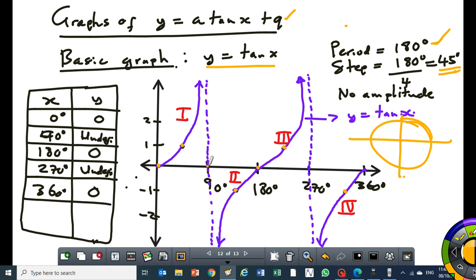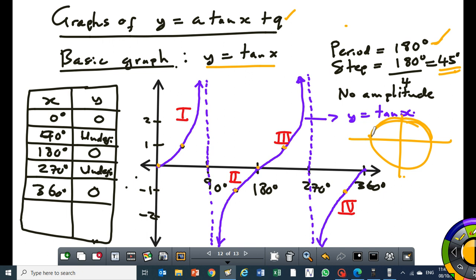From 0 to 90. You see that? Then, if we move on from 90 to 180, y is still what? Positive. Right? But tan, the ratio for tan in the second quadrant is what? Negative. You see, from 90 to 180, the y is negative because in the second quadrant, tan is negative.